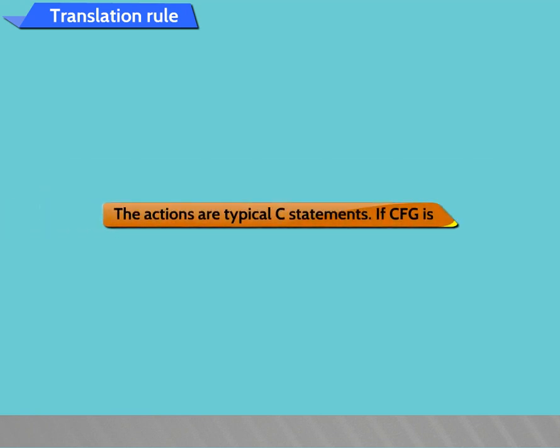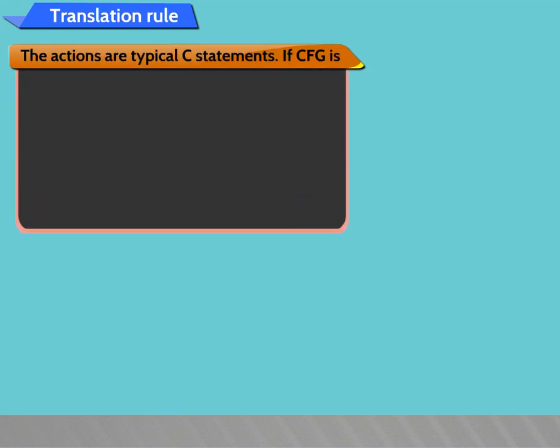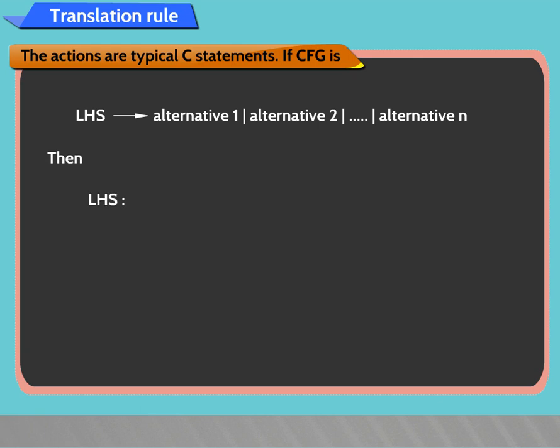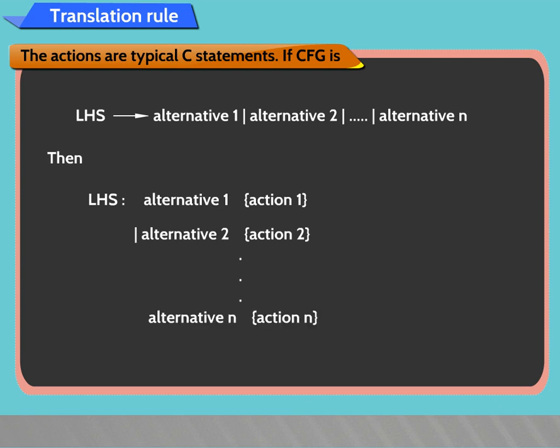The actions are typical C statements. If the CFG is LHS produces alternative 1, alternative 2, up to alternative N, then it is written as LHS: alternative 1 action 1, alternative 2 action 2, up to alternative N action N.